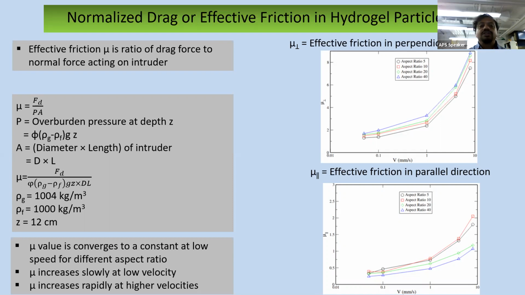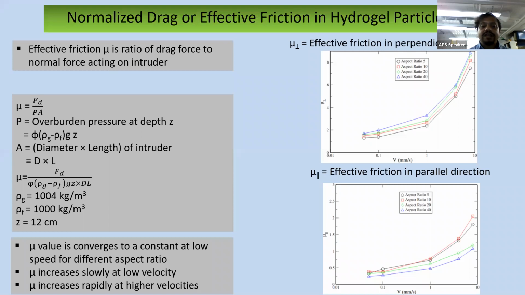The effective friction is the ratio of the drag force and the normal force acting on the intruder. So you divide the drag force by the overburden pressure due to the granular particles on top of the intruder at a certain depth, and then you also divide by the area of the intruder.